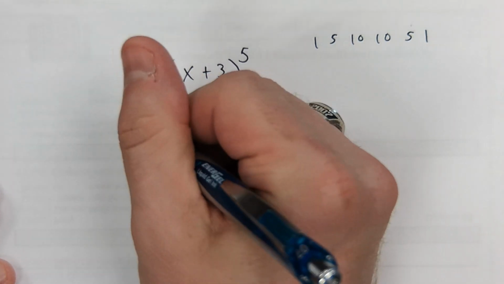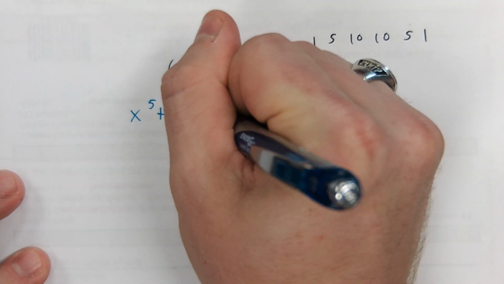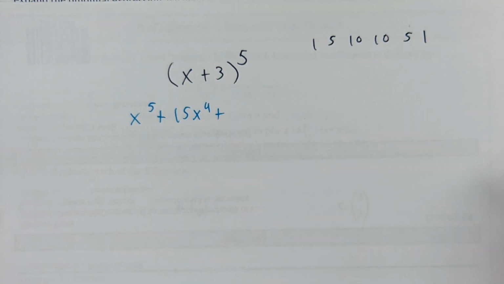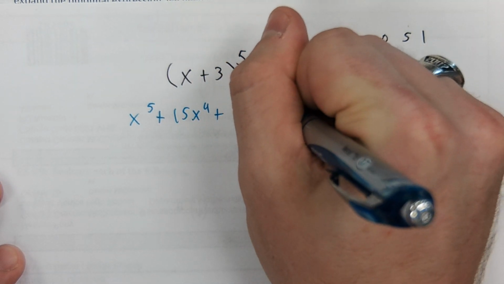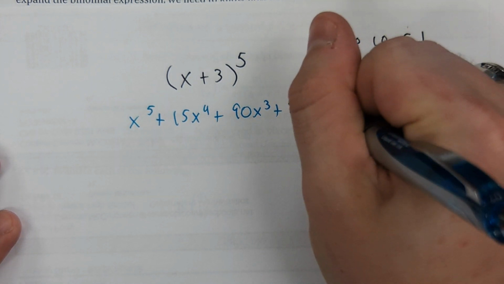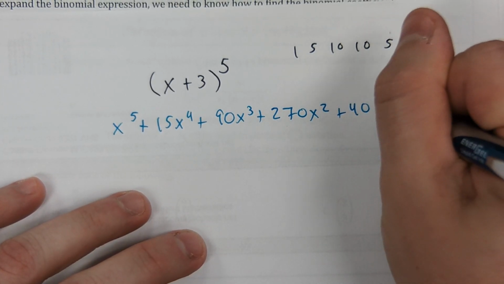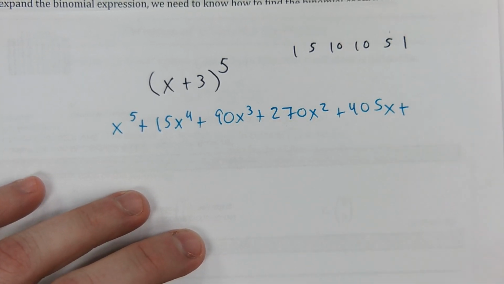It would be x to the 5th plus 5x to the 4th times 3, so 15x to the 4th, plus 10x to the 3rd times 9, so 90x to the 3rd, plus 10x squared times 27, 270x squared, plus 5x times 81, that's 405, plus 3 to the 5th power.